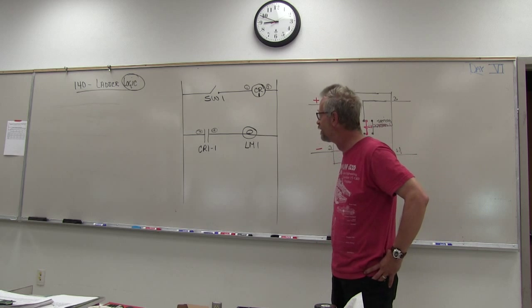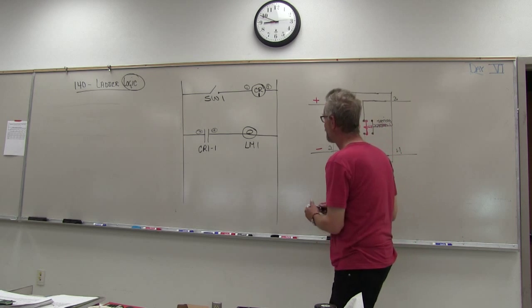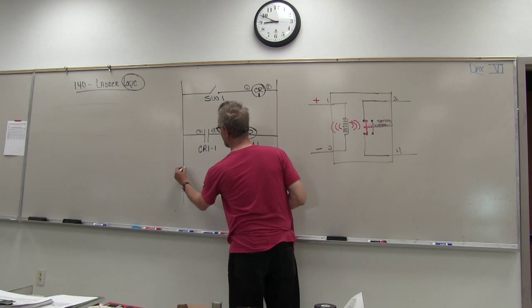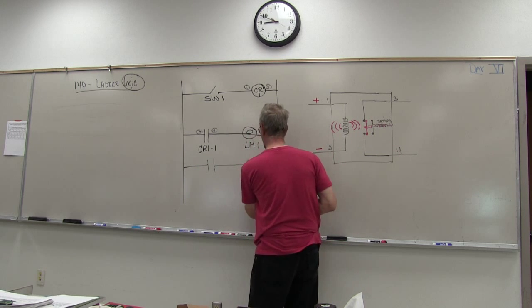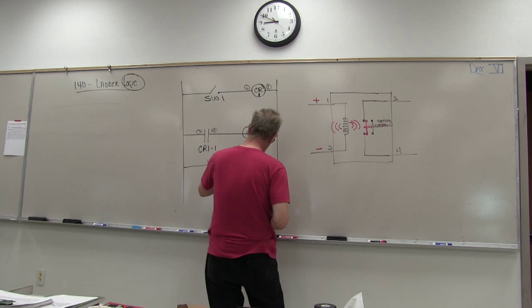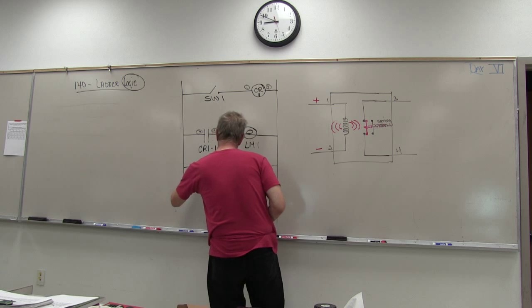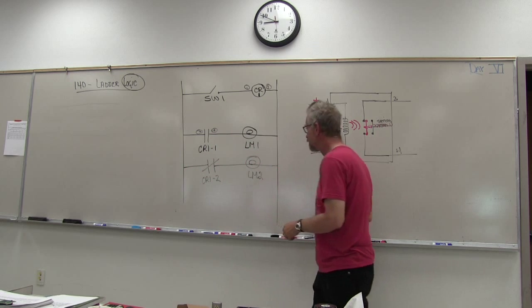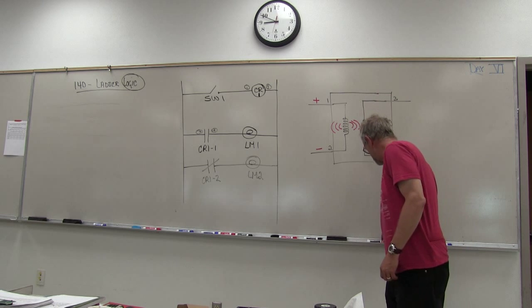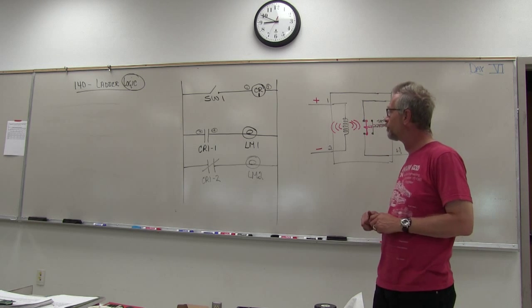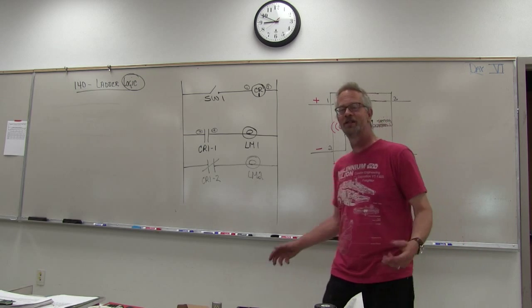It has one set that's normally open, and it has another set that's normally closed. Okay? You see how that works? It's just like a relay.